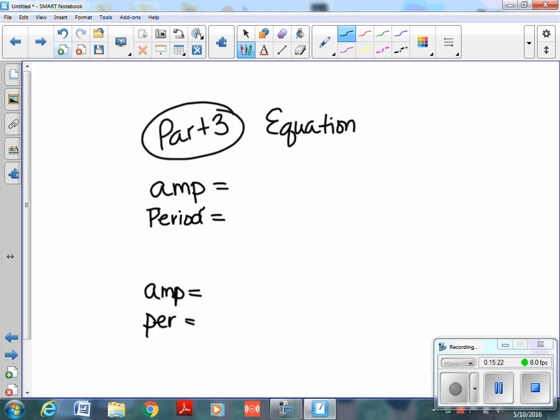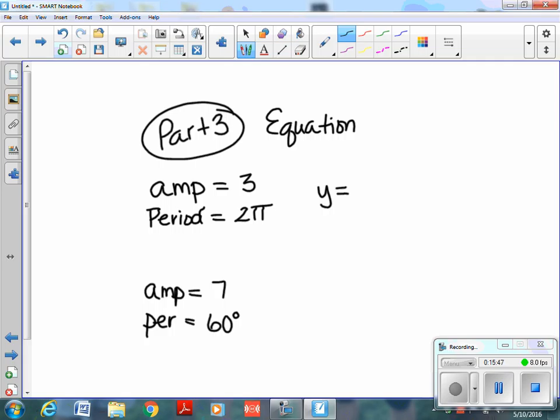For example, let's see. They give you 3 for the amplitude and 2 pi for the period. This one they give you 7 for the amplitude and they give you 60 degrees for the period. So instead of a graph, they just give you the words and they want you to write an equation.